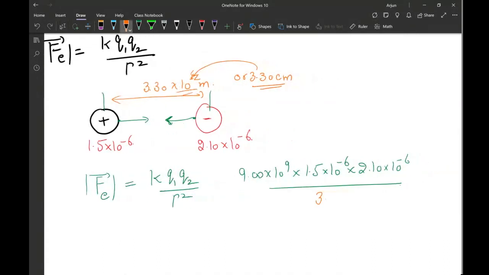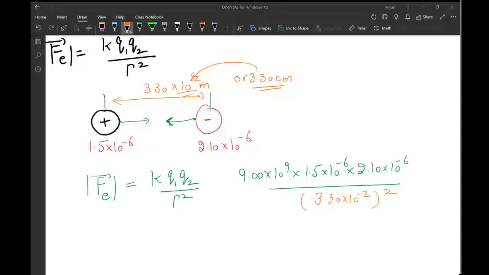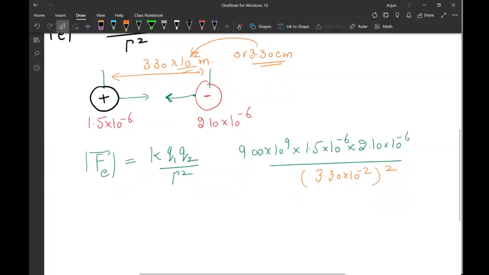So down here I'll write 3.30 times 10 raised to the power negative 2 meters, and then I will square this one. Once I square this, I will be able to solve these calculations. After doing the calculations, I'll get the force between these two charges equal to 26 newtons.